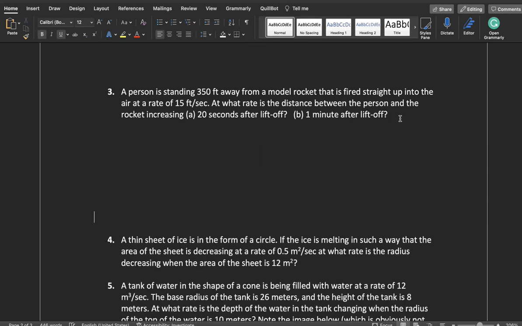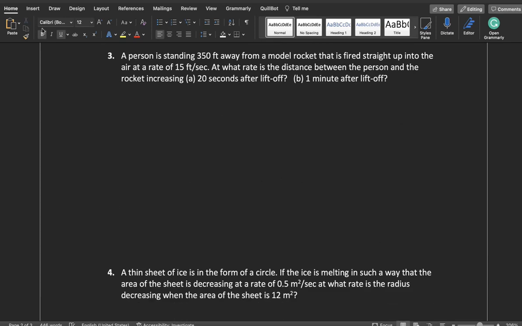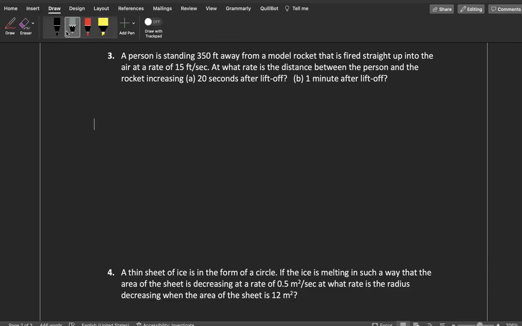Okay, so we'll have to draw that again to illustrate what we're talking about. So the person is 350 feet away from a model rocket that is fired straight up into the air at a rate of 15 feet per second.